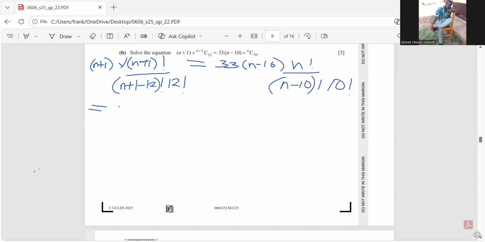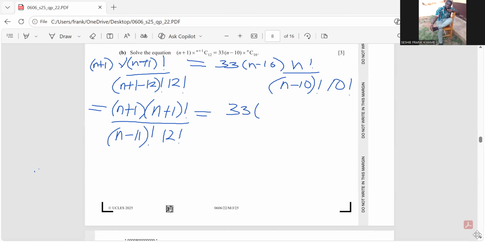Put it all together, I'm going to have (n+1) factorial all out of (n-11) factorial 12 factorial, and that should be equal to 33 times n factorial all out of (n-10) factorial 10 factorial.